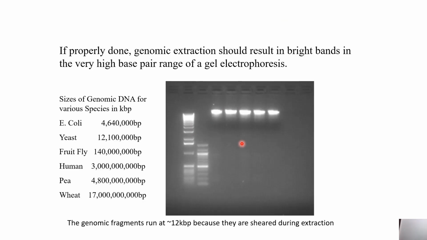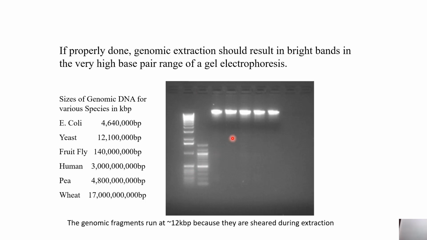If properly done, genomic extraction should result in bright bands in the very high base pair range of a gel electrophoresis. Why high base pair range? Because these are very big. So this is a ladder. The topmost band will be the biggest size, and the smallest size DNA will travel faster through the pores, right?